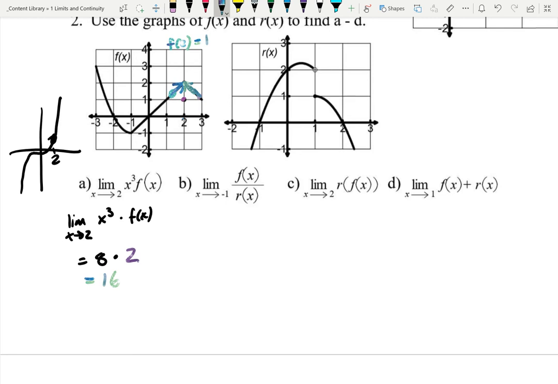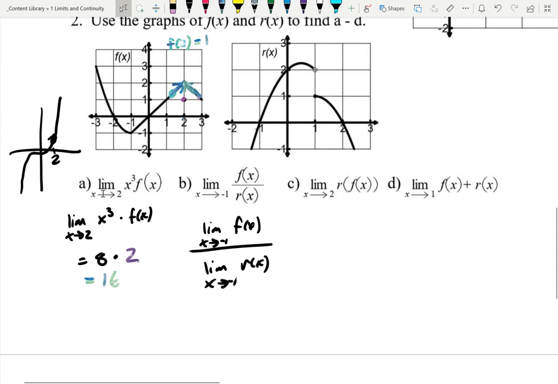In part B, we have the limit as x approaches -1 of f of x over r of x. So the way we're going to work this out is we're going to consider the numerator to be the limit as x approaches -1 of f, and the denominator to be the limit as x approaches -1 of r. So I'm going to come back up here, delete this stuff out.